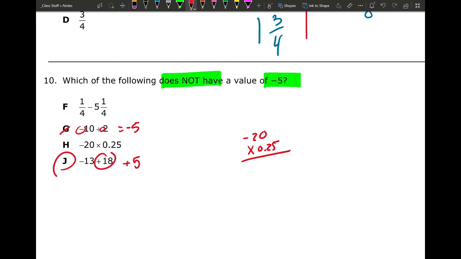When I multiply that, I get negative 5. And then 0.20 minus 5 1/4 is also negative 5 because this is bigger. So my answer was indeed J. This is the only one that did not give me negative 5.